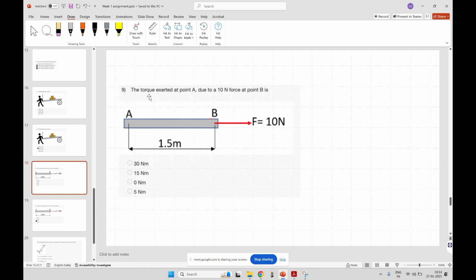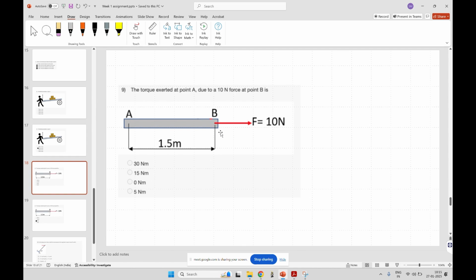Okay. Can anyone hazard a guess for this question? The torque at point A due to a force of 10 Newton applied at point B in this direction. What would be the answer?